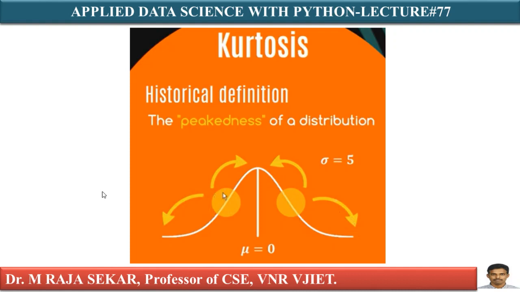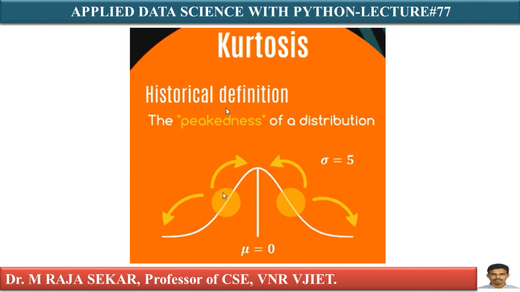Kurtosis is a measure of how often extreme values occur, and these extreme values can be on either side of the mean. Kurtosis is just a measure of extreme events. There is no positive or negative kurtosis. It is peakedness.